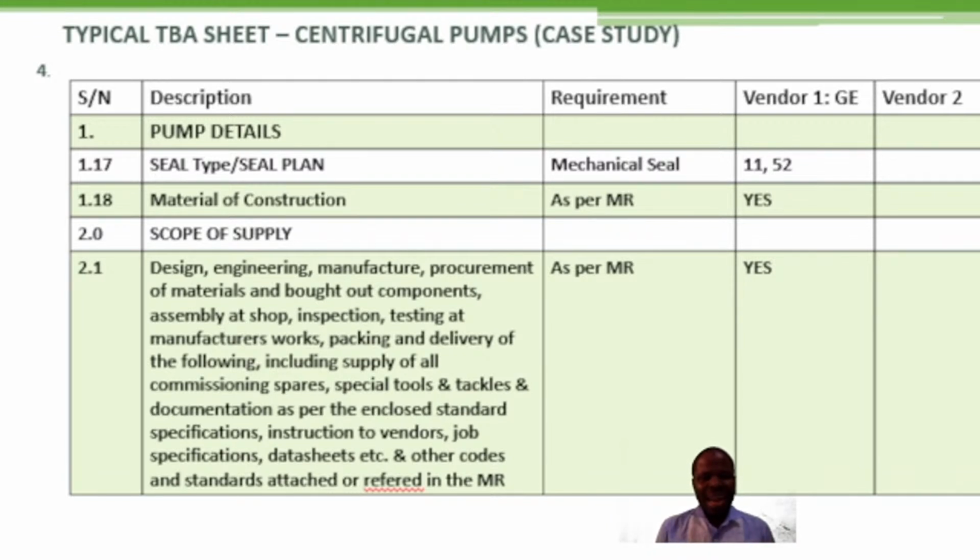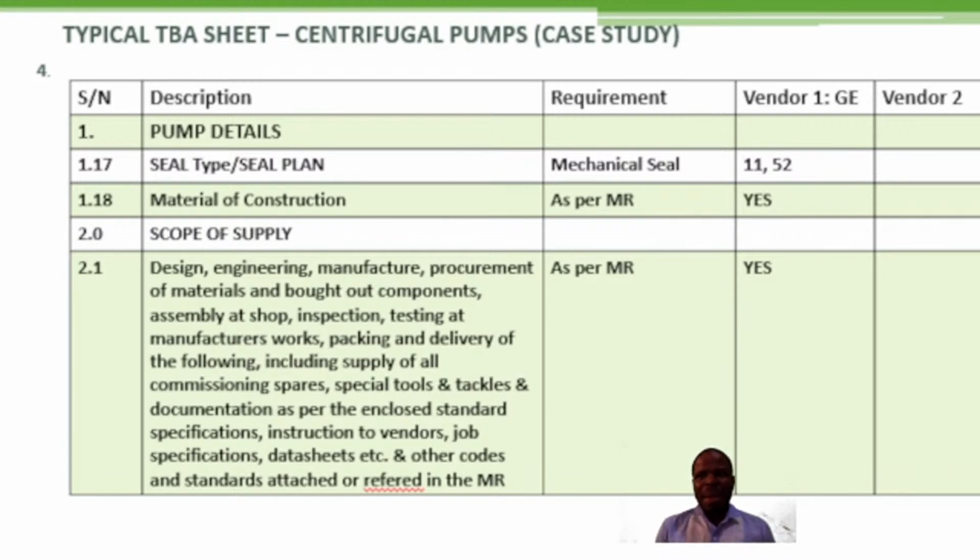So if it's mechanical seal, for all applicable flushing plans, the vendor must include in his scope of supply. He has to include in his scope of supply. Okay? Now, what is the plan? What is the seal type? In this case, is it plan 11? Is it plan 52? You check with respect to each vendor, the seal type.